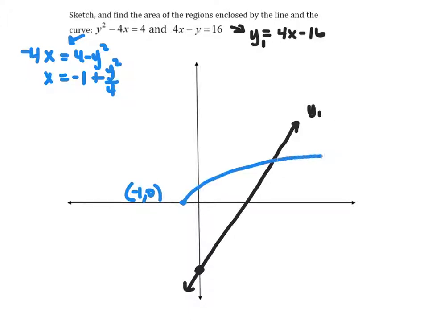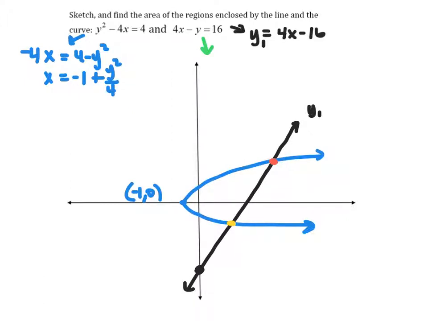And our goal is to find these 2 points. So how can we achieve that? Well, what I would do in this case is I would actually take this function here and I would solve for x. You'll see why in just a second.